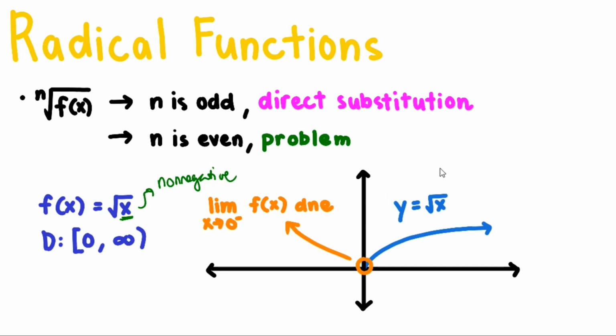So its lowest value is only 0. So we'll have problems with values from the left of 0, or the negative values out here. So that is something that we need to take note of when dealing with the limits of radical functions. So in this video, our focus is on examples with radical functions that have an even index.